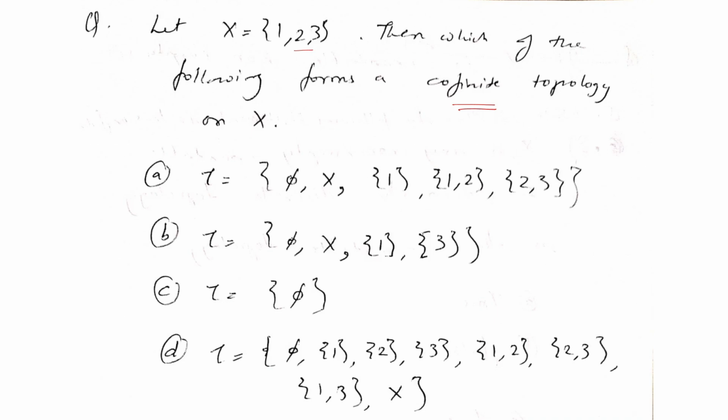Just stick to the definition of cofinite topology and try to get which of these topologies forms the cofinite topology on X, that is the set {1, 2, 3}.